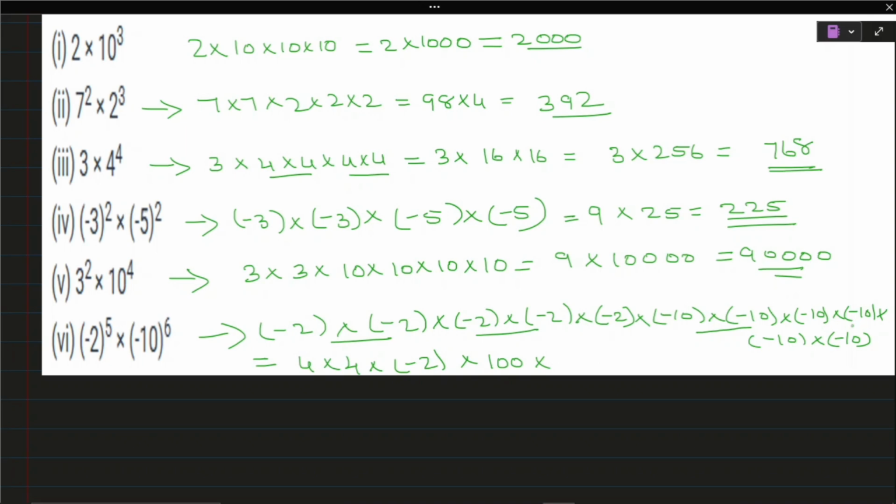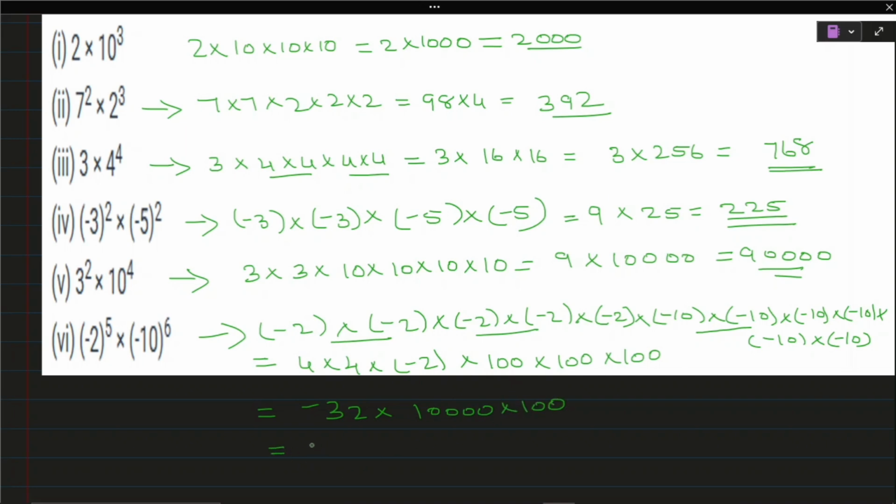The next answer also 100, because minus into minus is plus, again 100. So final answer, 4 4s are 16. 16 into minus 2, that is minus 32, multiplied with 100 into 100, that is 10,000, again with the 100.